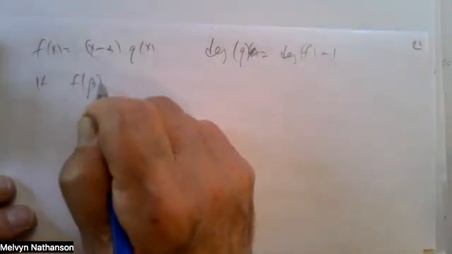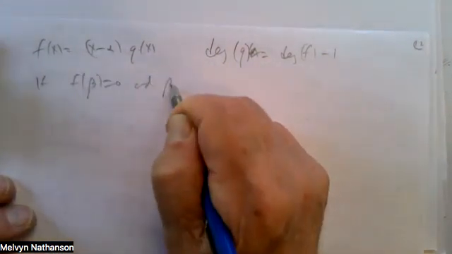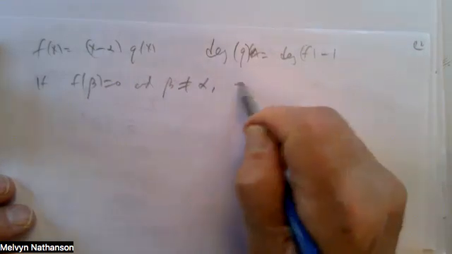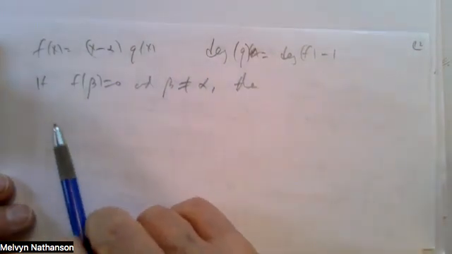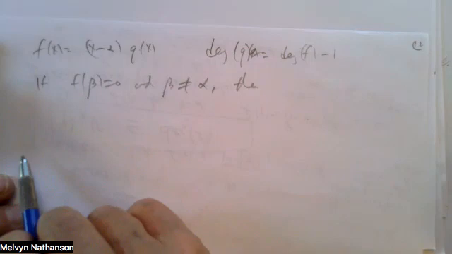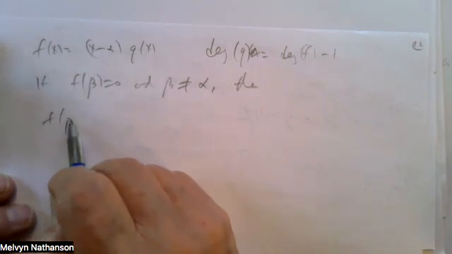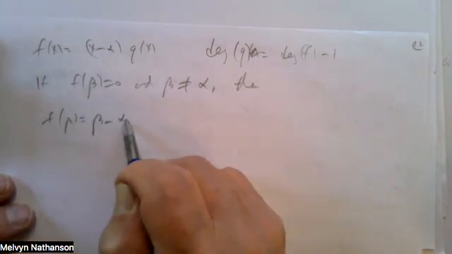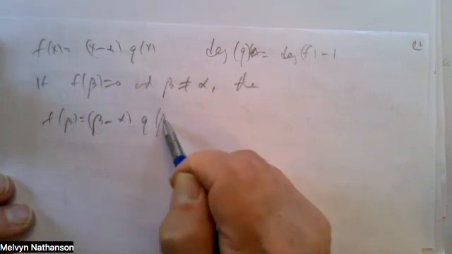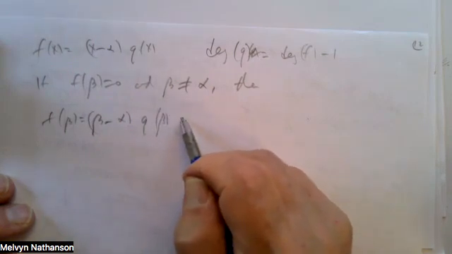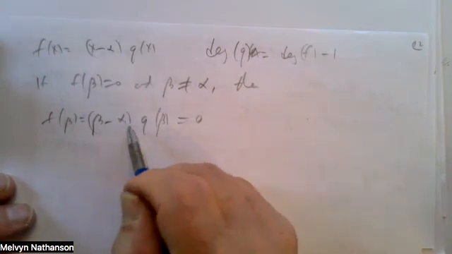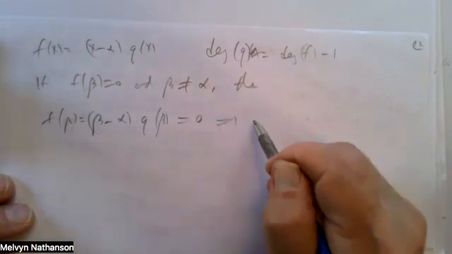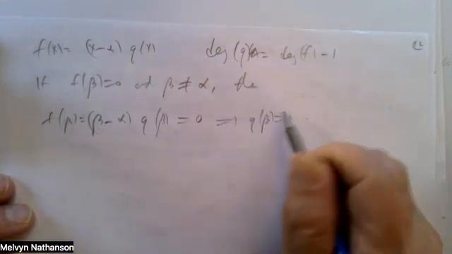If f of beta is 0 and beta is not equal to alpha, then f of beta is beta minus alpha, q of beta, which is 0, but beta different from alpha means that q of beta is 0.